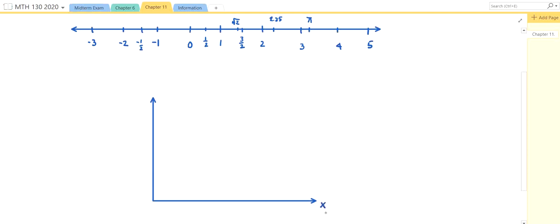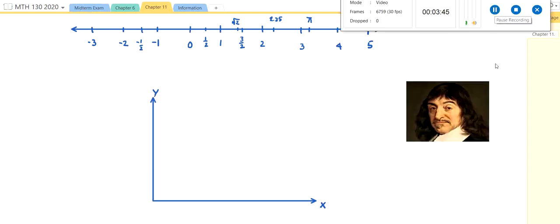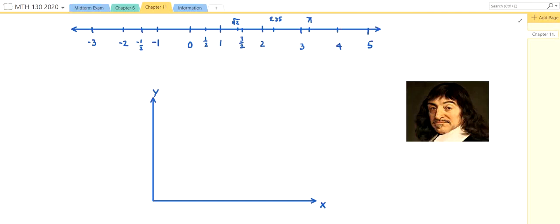Maybe you would call this line the X number line, and this line the Y number line. And I pasted an image of Rene Descartes here over on the right.